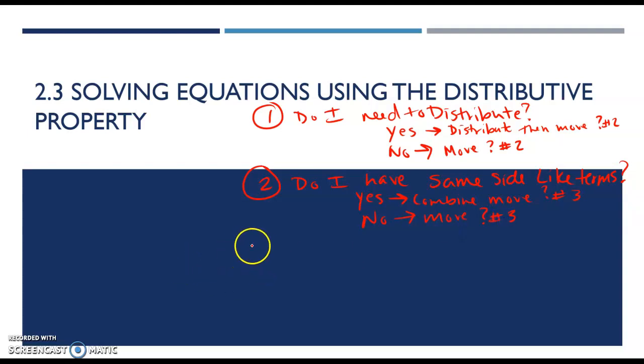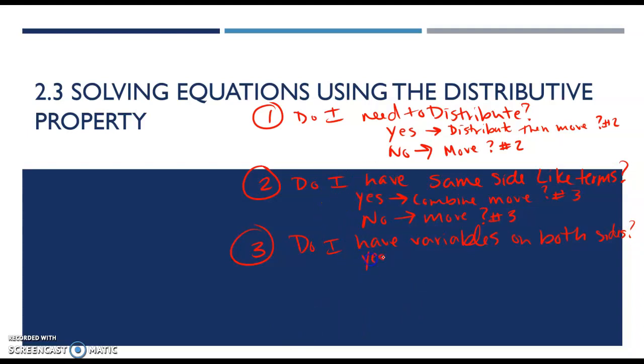All right, and then question number 3, do I have variables on both sides? All right, so that means a variable on either side of the equal sign.